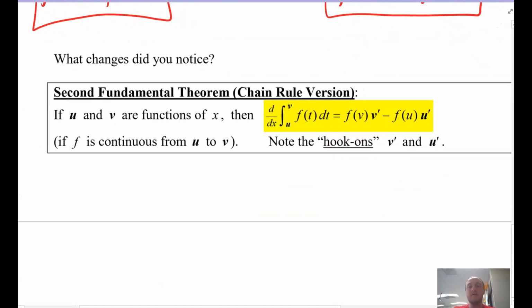It says if u and v are functions of x, then the derivative of the integral from u to v of f of t dt is f of v times v prime minus f of u times u prime. And kind of how I remember this and what sticks out to me is I almost envision these as inverses or opposites, that they cancel each other out.